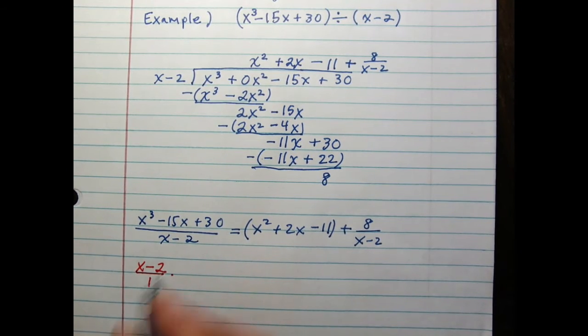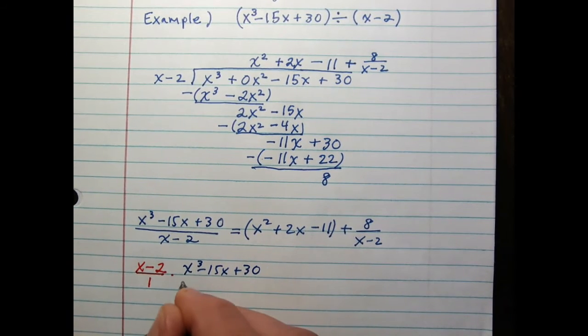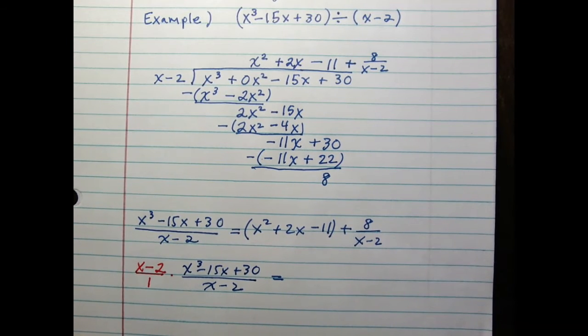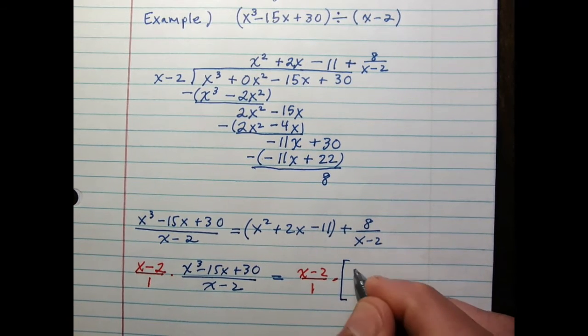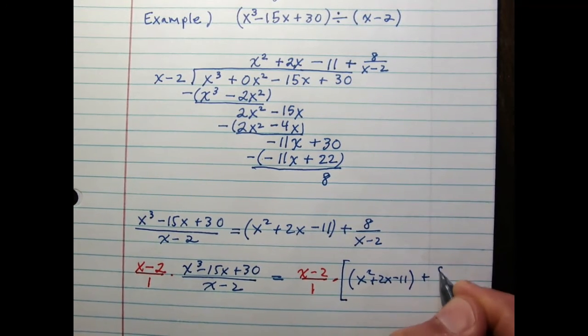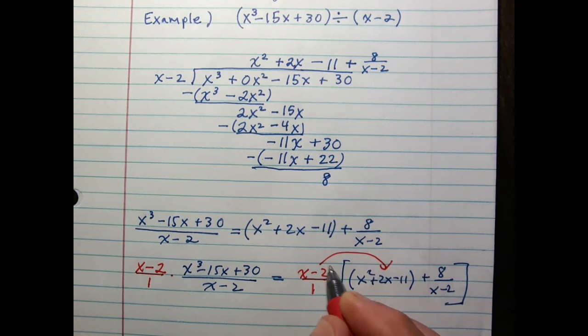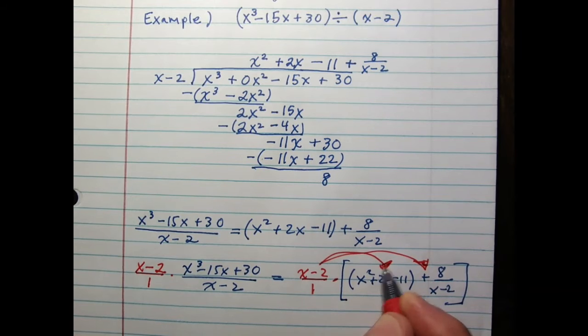And another thing we can do is multiply both sides by x minus 2. And I'm going to do that and just write this out in detail. And so I'm going to take x minus 2 over 1 times the right-hand side, and that x minus 2 over 1 on the right, I've got to distribute to each of the two terms. Just think of it as two big terms.